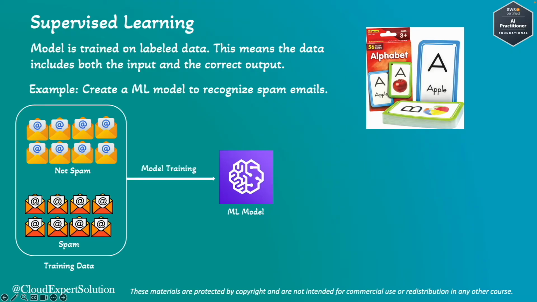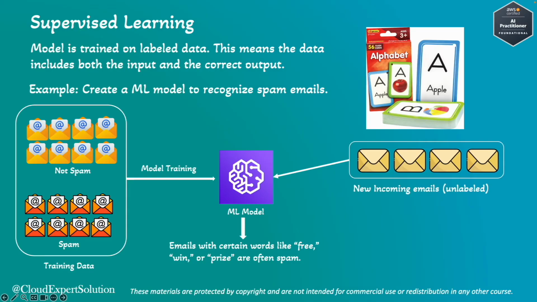Once we train the model with this labeled data, after training, the model might create some kind of relations or correlations between those emails to identify which one is spam versus which one is not spam. The model may come up with certain characteristics, like if the email has words like free, win, or prize, then it can be a potential candidate for a spam email.